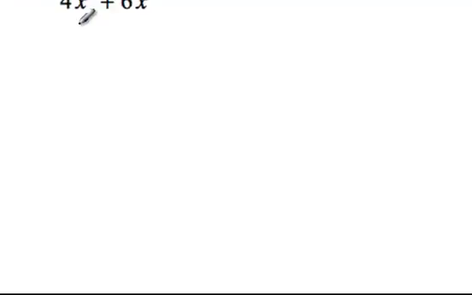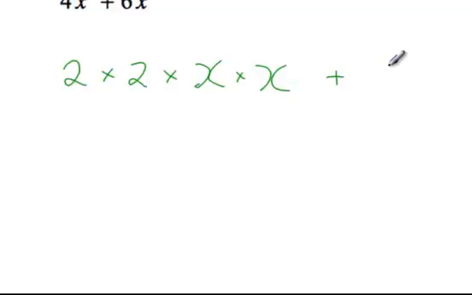Example 3, factorize 4x squared plus 6x. Now we have variables in both terms. We're going to do the same thing. Let's write this out. So 4x squared can be written as 2 times 2 times x times x. X times x is x squared. Now 6x can be written as 2 times 3 times x. Again, we're going to look at what is common between each of these terms.